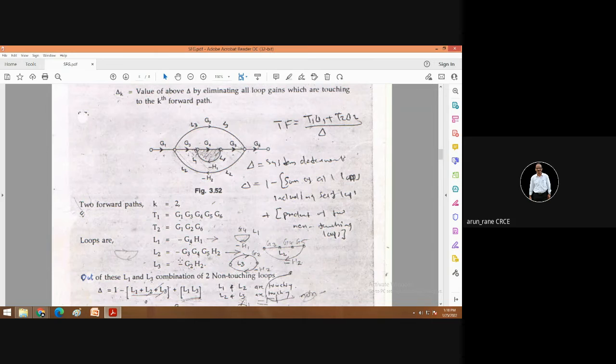Now what are the loops? Feedback loops or self loops. Now look, this is L1. This is one loop.